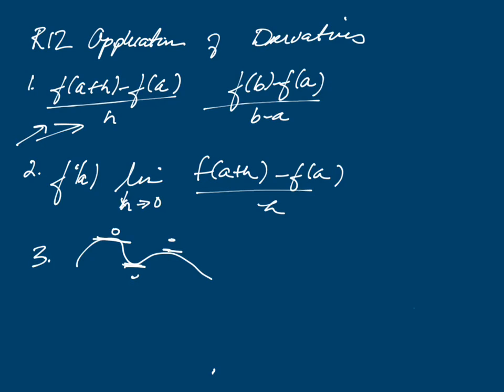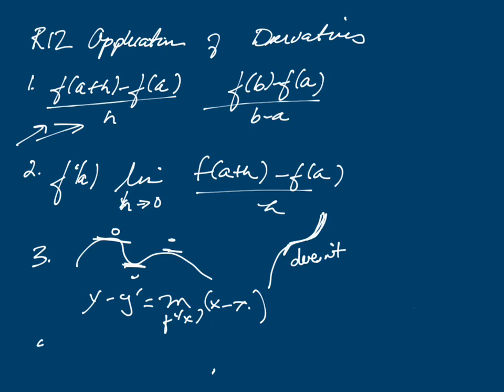And if it's vertical, then the derivative doesn't exist. So don't forget that, and you just use y minus y1 equals m, which is f prime of x, times x minus x1.